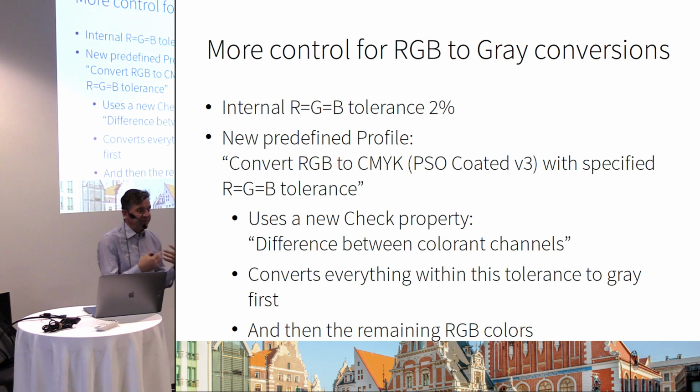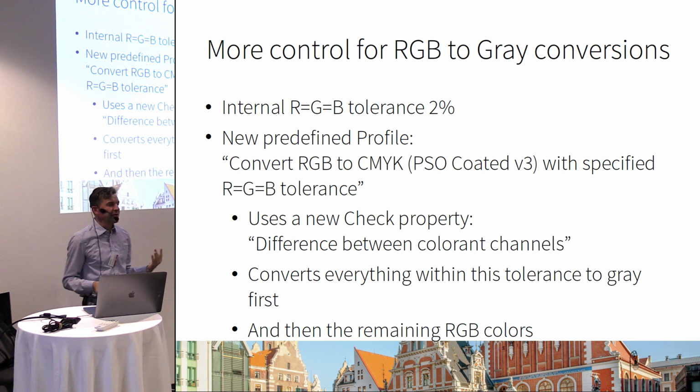So if you have a color that should appear black or gray, then this is indicated by the same value in the red and the green and in the blue channel. If the same value is there, if there is 50 in all three of them, then you have a gray.